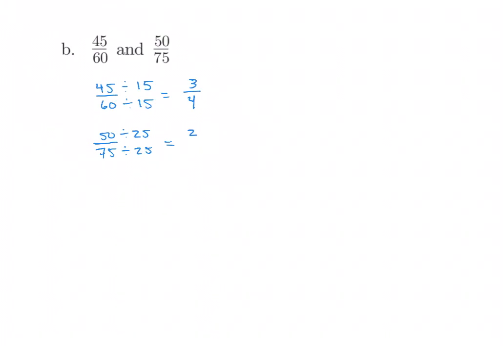And if we divide by 25, we get 2/3. 3/4 and 2/3 are simplified fractions. They are in lowest terms. And are they the same? And the answer is no. So these two fractions are not equivalent.